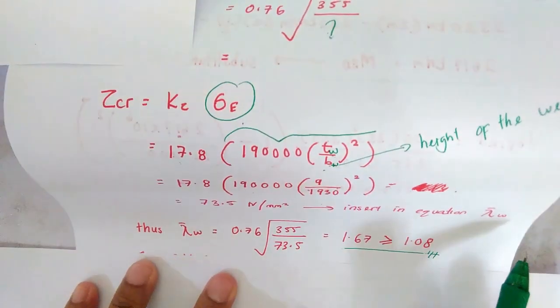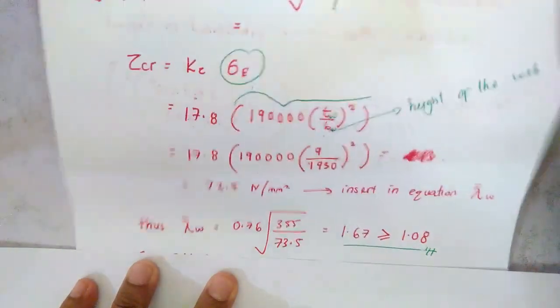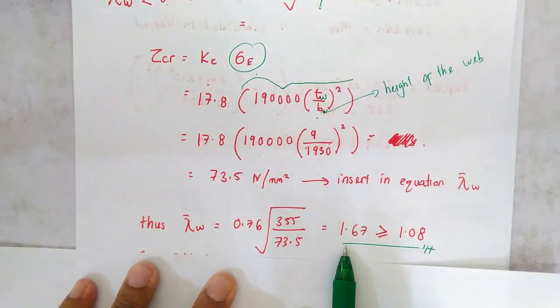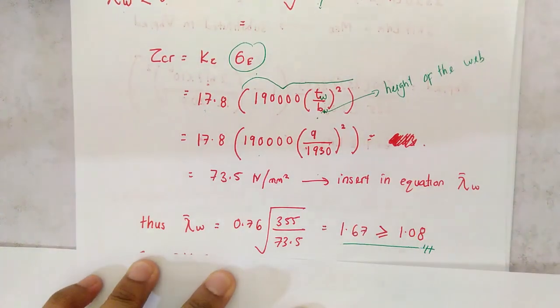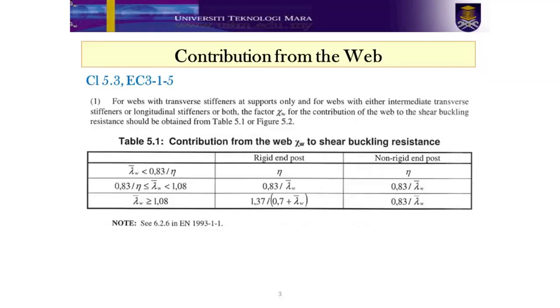If you refer back to your table 5.1, you can see that 1.67 is larger than 1.08, so it does not fall under the middle category.